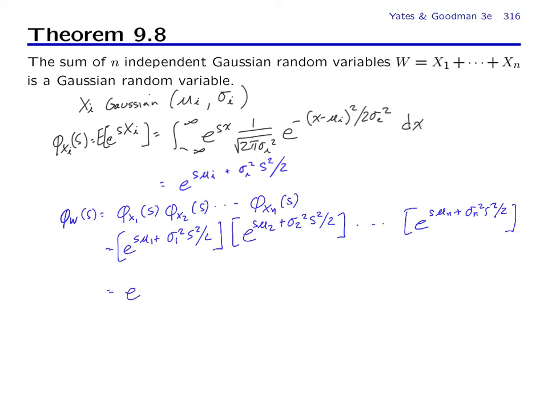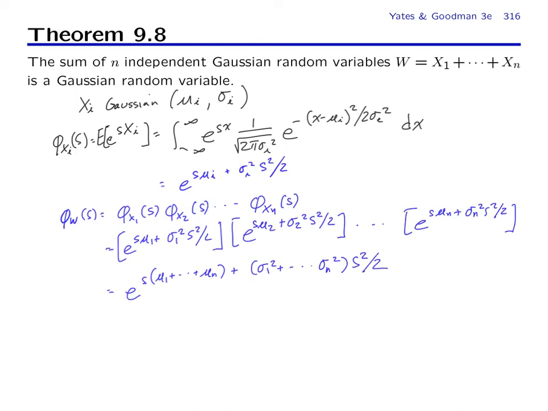So we get e to the s times mu 1 plus all the way up through mu n, plus sigma 1 squared plus all the way up, the sum of the variances, through sigma n squared, times s squared over 2.